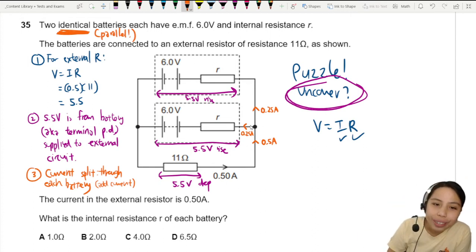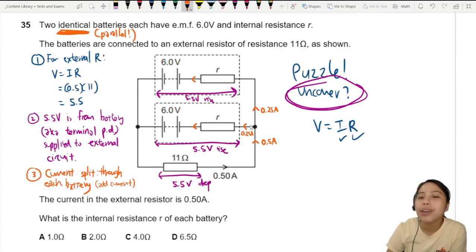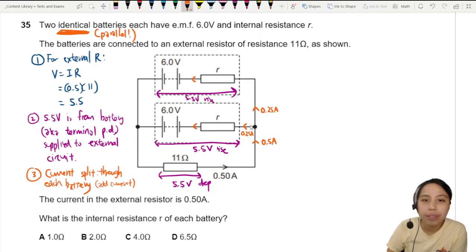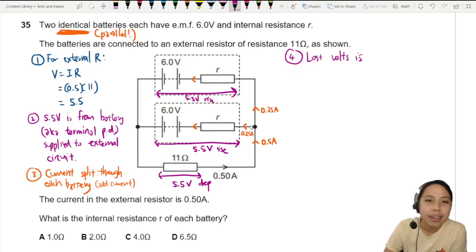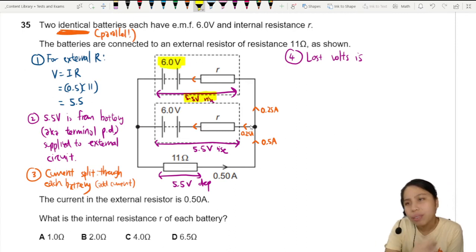So now we know the current going through the internal resistance. So I think we can do our last clue here on the right, for lost volts. Second last clue, I guess. So you can find the lost volts. Oh, this is related to voltage again. Okay. So number 4, lost volts. You compare this: you have 6 volts, but you only get 5.5.